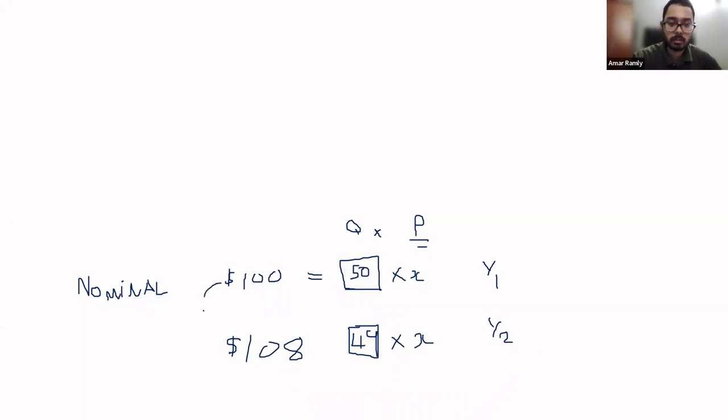Because they tell you nominal GDP has gone up, by 8%. These are your real figures, and this has come down by 2%. So what has happened to prices here? How do you get these numbers? Have prices gone up, come down, or stayed the same?